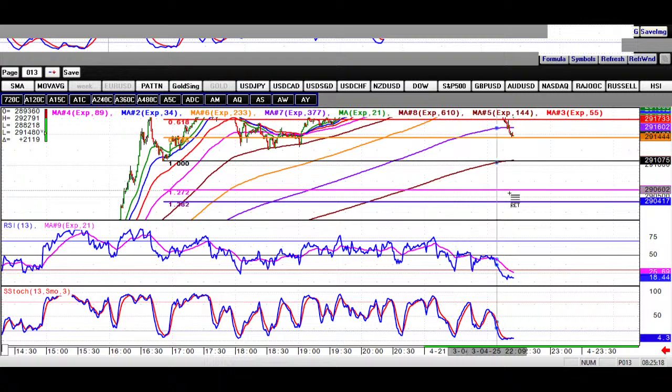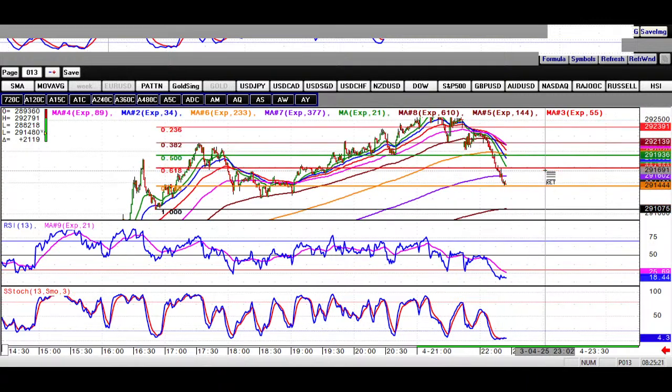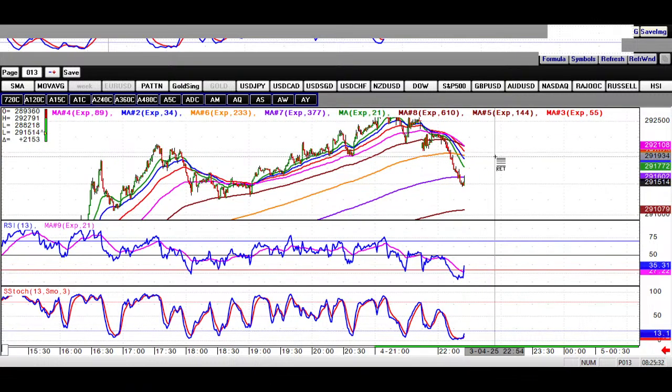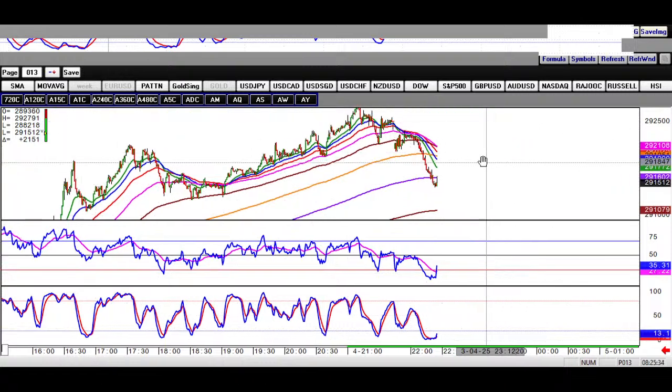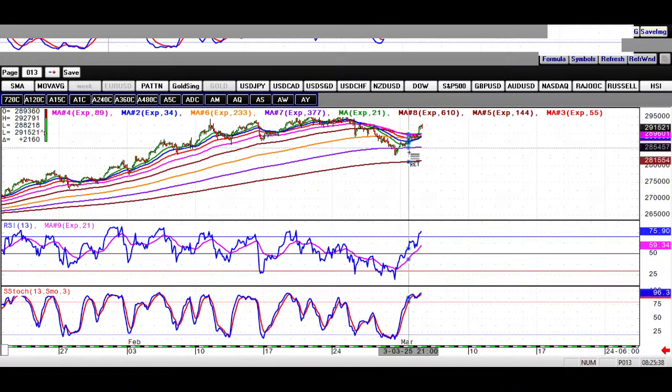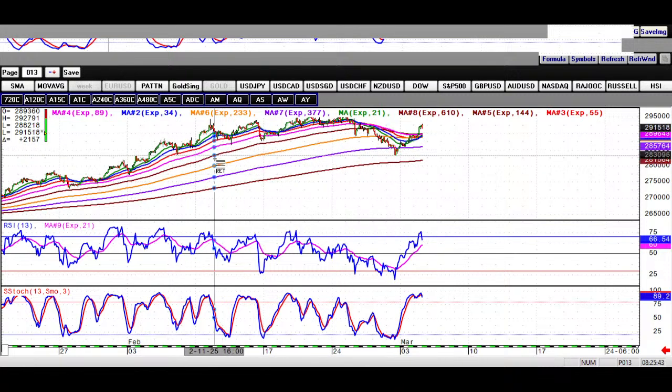Okay, if it breaks, then we should see 2905. So what we will do, we will try to reduce the stop slowly, and we will see whether we can go for 13 or lower. Okay, but I think the selling pressure should last a bit longer, towards at least 2895. I'm looking at 2895 around there.